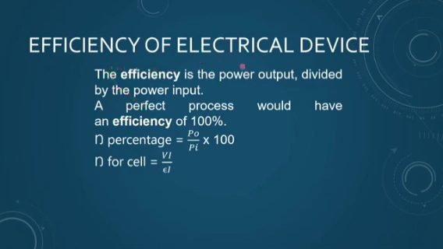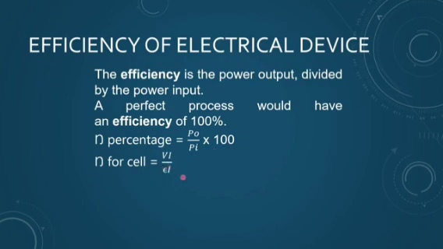If I want to talk about the efficiency of an electrical device, then efficiency is the power output to power input. So 100% efficiency is an ideal thing which does not happen in daily life because there are always some losses. So we can calculate efficiency in percentage, given by P output divided by P input multiplied by 100.